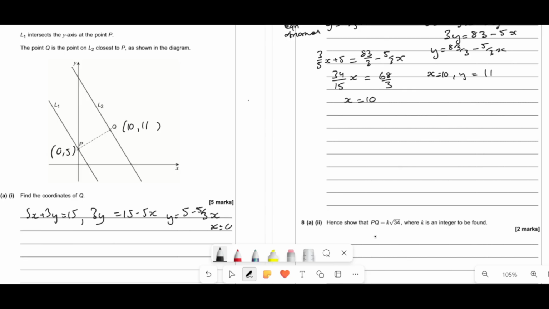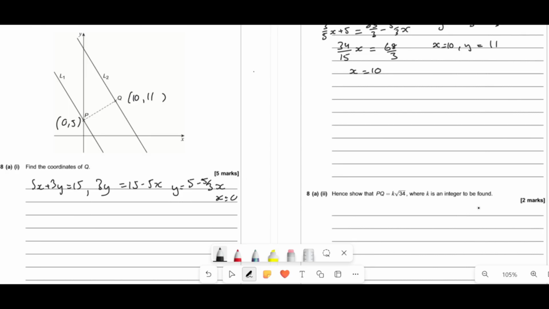So now it says, hence show that PQ is k root 34, where k is an integer to be found. So the distance between two points, remember, is the square root of y2 minus y1 all squared plus x2 minus x1 all squared.